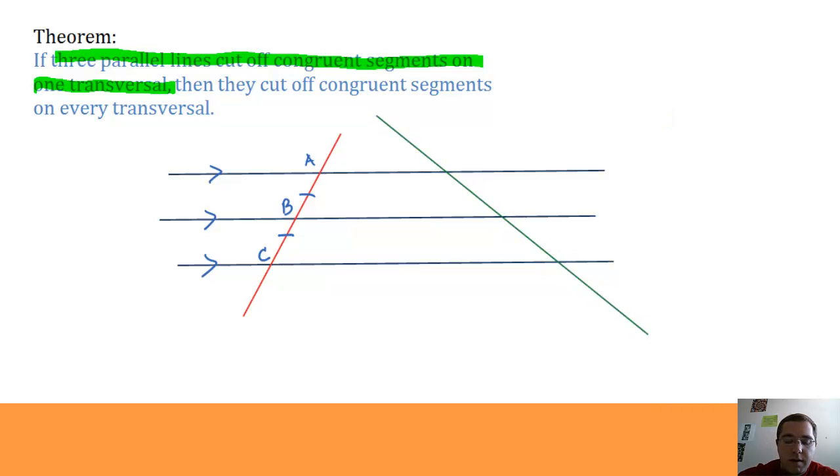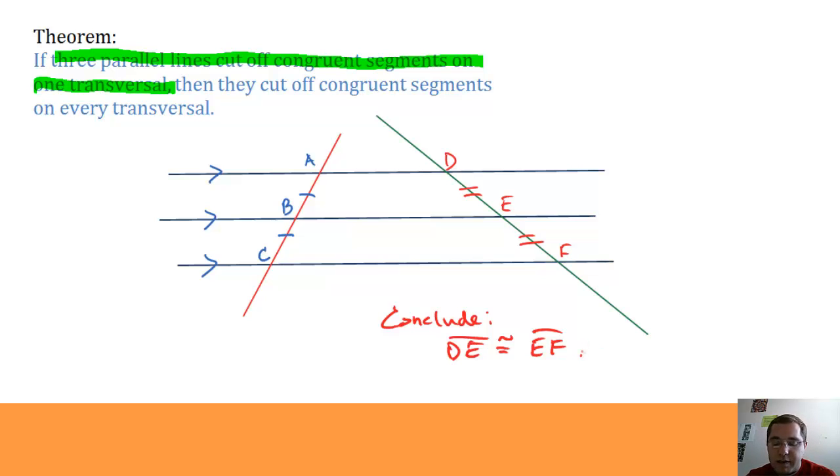according to this theorem, the parallel lines must cut off congruent segments of this transversal. So this segment must be congruent to this segment. So this is G, E, and F. We know we can conclude by this theorem DE is congruent to EF.